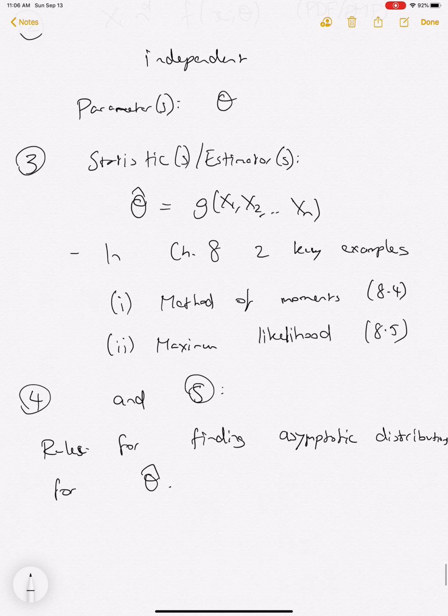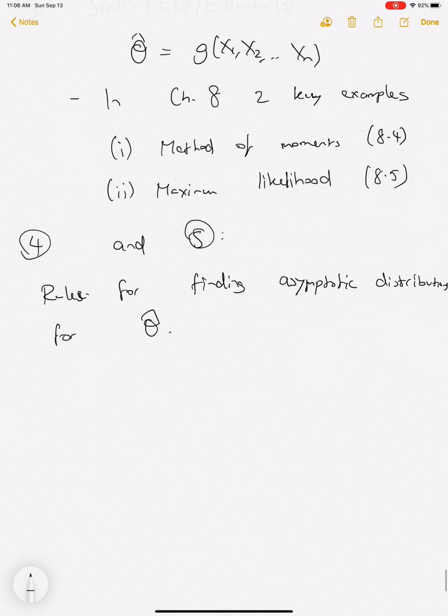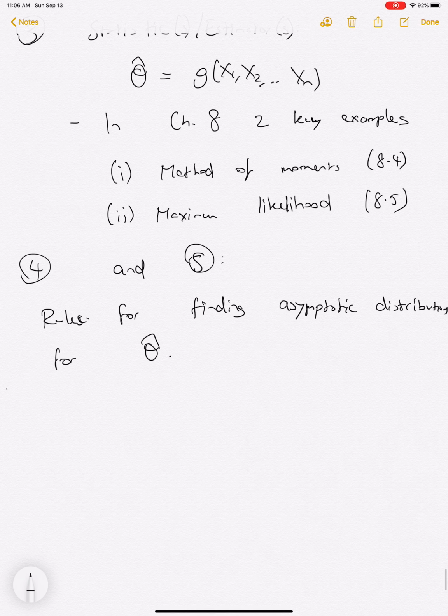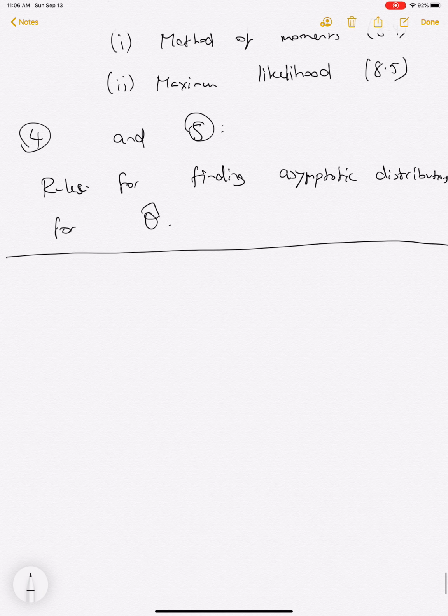Because we don't really know what those statistics or estimators are yet, it's a bit hard to talk about the fourth and fifth components. And so, yeah, there's a few examples I want you to keep in the back of your mind that we're going to go through, if not today, then in the next lecture, and in others to come.